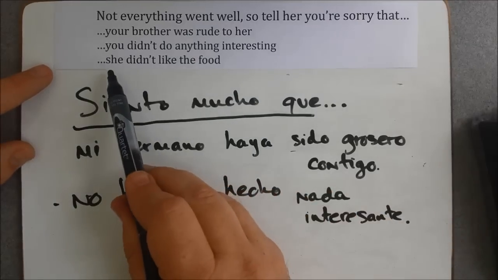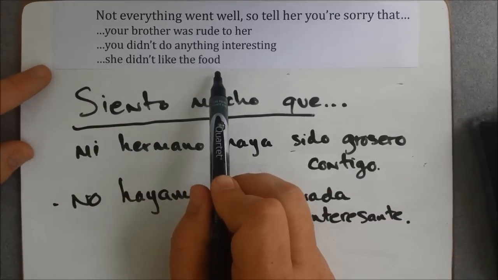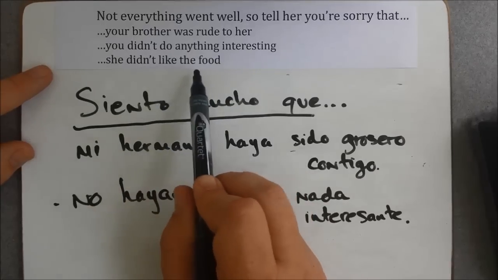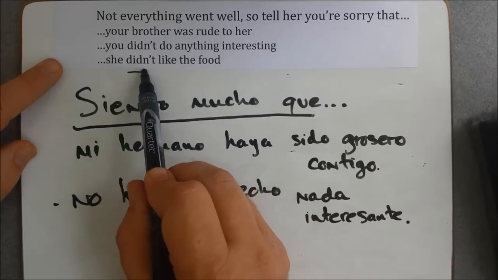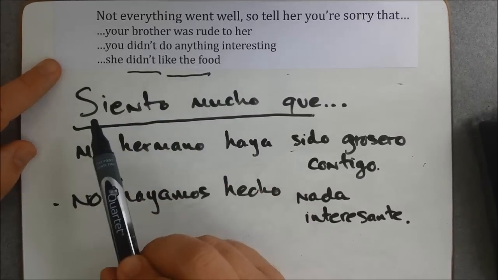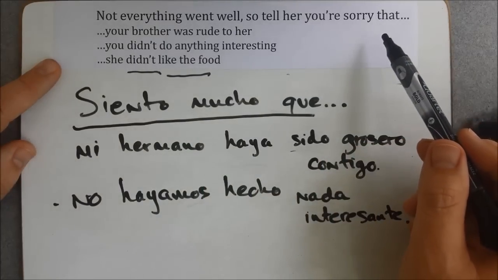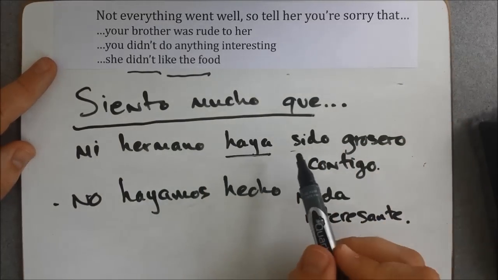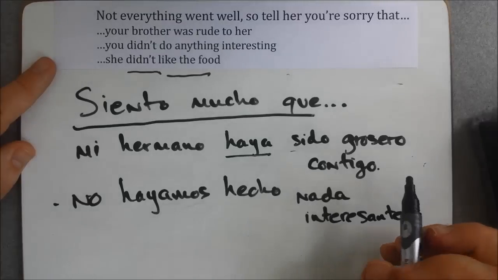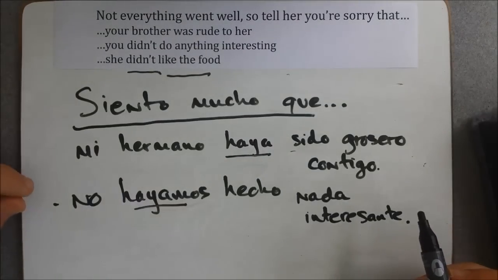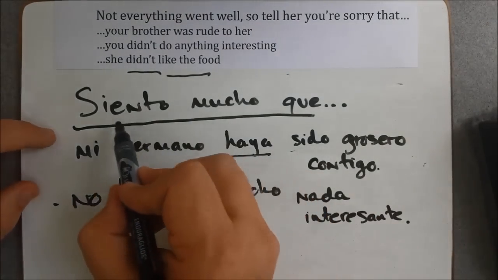And then finally, I'm really sorry you weren't crazy about the food, right? You didn't like the food. So again, these last two, in English, you see the simple past, right? And really, in all three of them, you see the simple past in English, but because we're using the subjunctive, right, it has to use the present perfect. And our main clause verb is in the present.